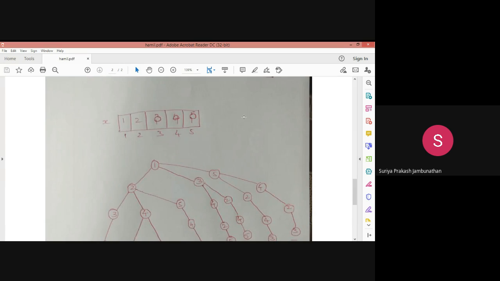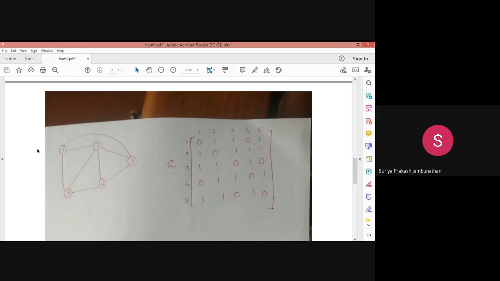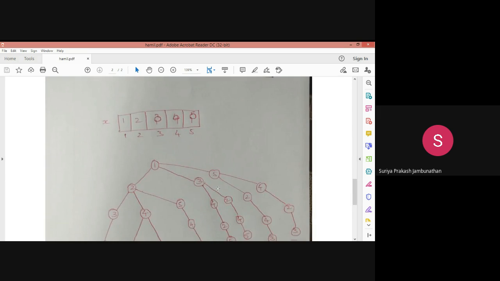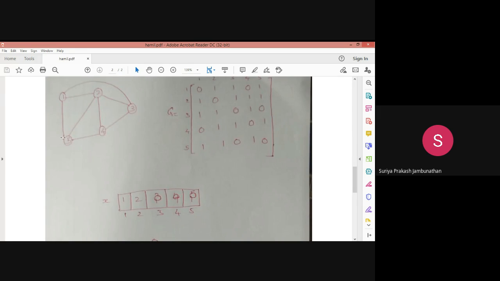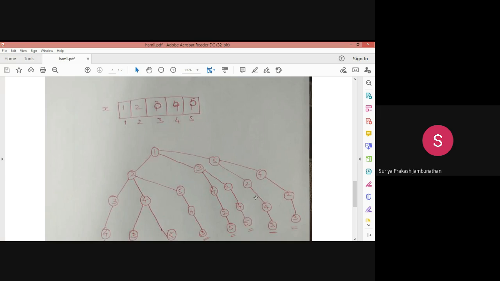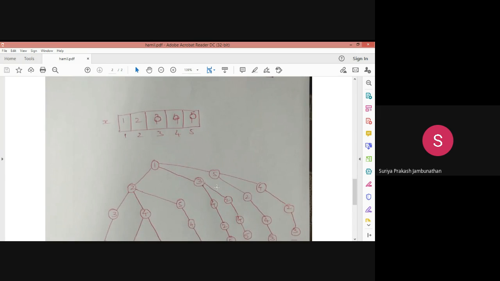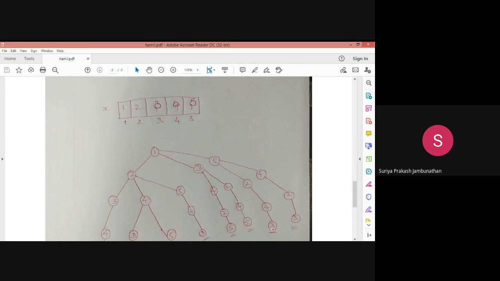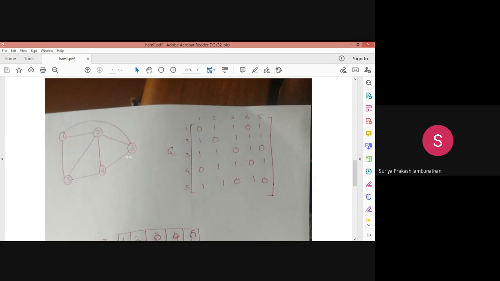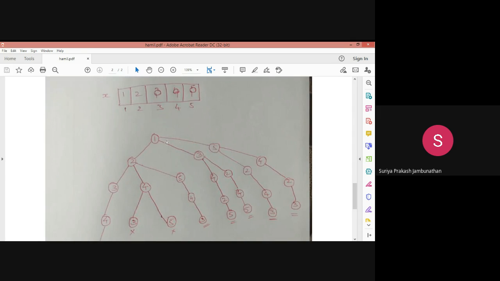So how we are moving: 1 to 5, then 5 to 2, then 2 to 4, then 4 to 3, then 3 to 1, we are moving as a cycle. The last one, 1 to 5, 5 to 4, 4 to 2, 2 to 3. So this is another cycle.